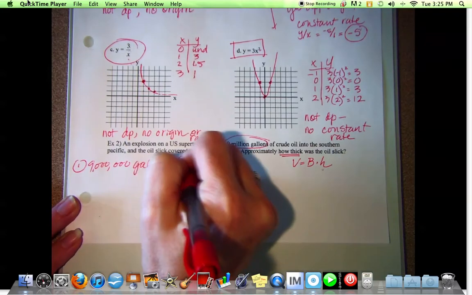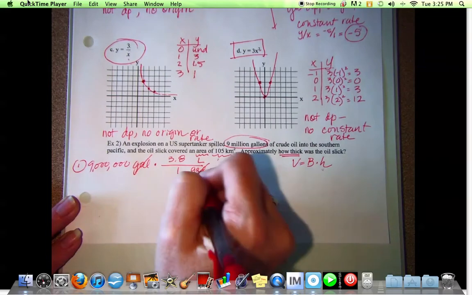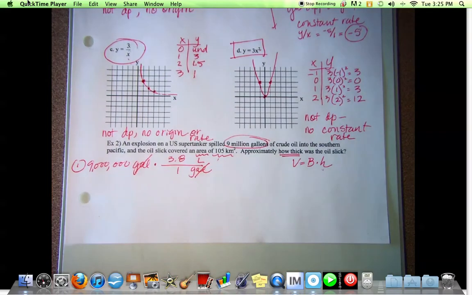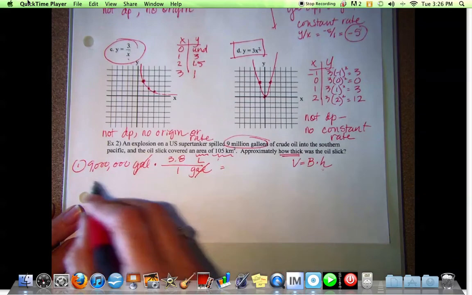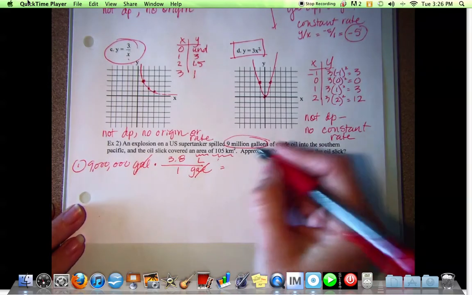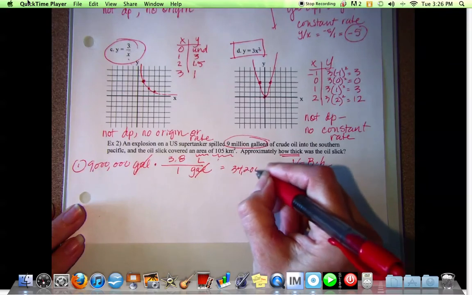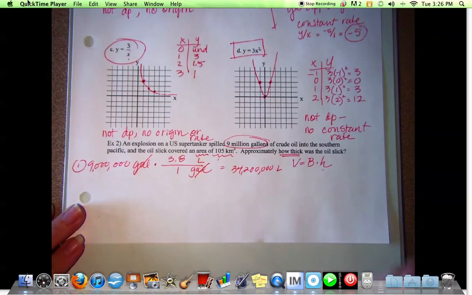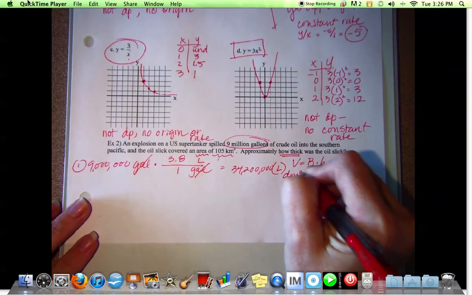There are 3.8 liters per 1 gallon. Gallons cancel. Ask yourself, are we multiplying or dividing? We are multiplying, so we have 9 million times 3.8, which gives us 34,200,000 liters. Remember, that's equivalent to decimeters cubed.